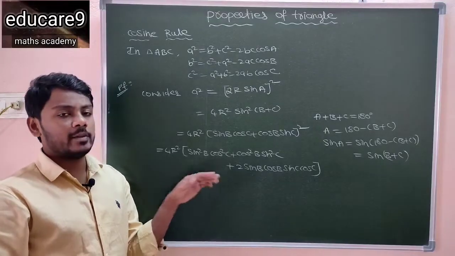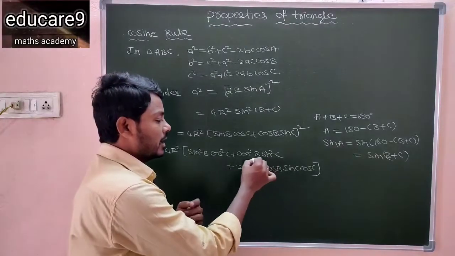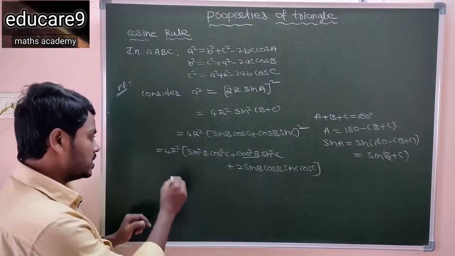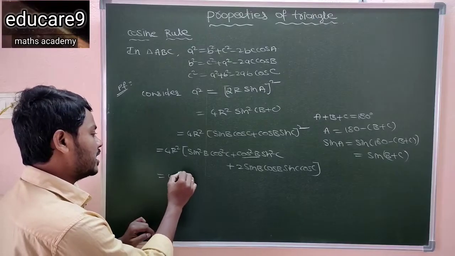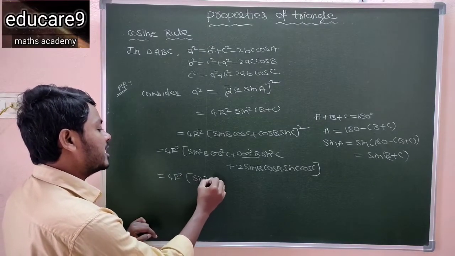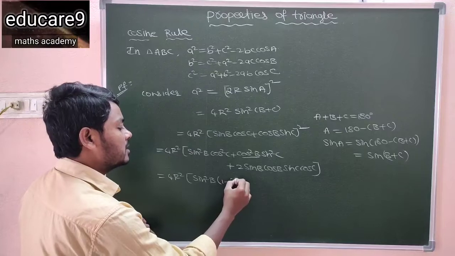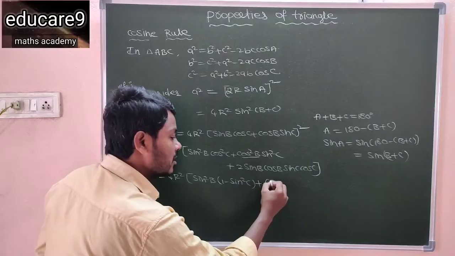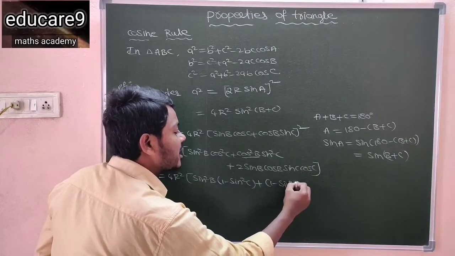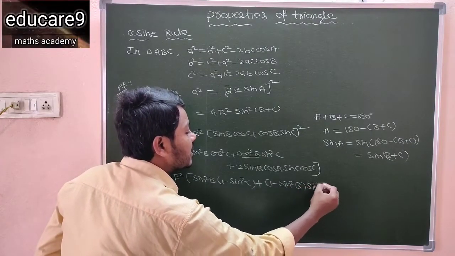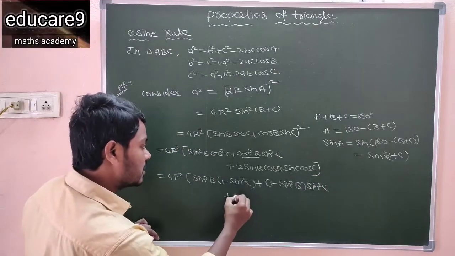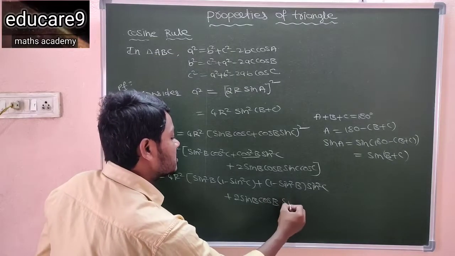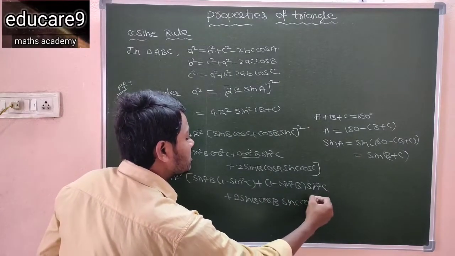Again, cos squared C can be written as 1 minus sin squared C, and cos squared B can be written as 1 minus sin squared B. So this is 4R squared into (sin squared B (1 minus sin squared C) + (1 minus sin squared B) sin squared C + 2 sin B cos B sin C cos C).